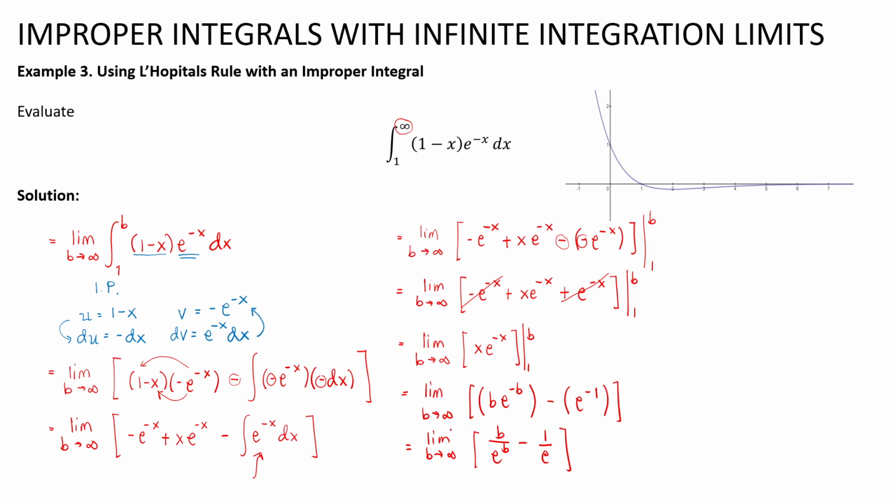Applying now the limit to the first term, because that's where the b variable is. If you apply the limit of b in the numerator, that is infinity, and in the denominator, e raised to a very large number will also give you an infinite number.